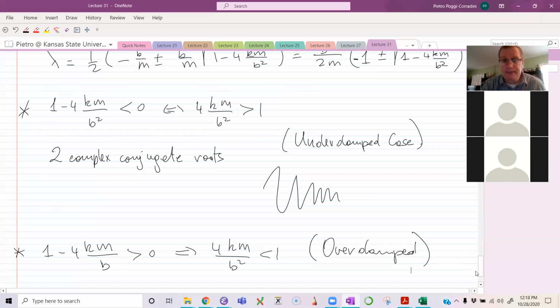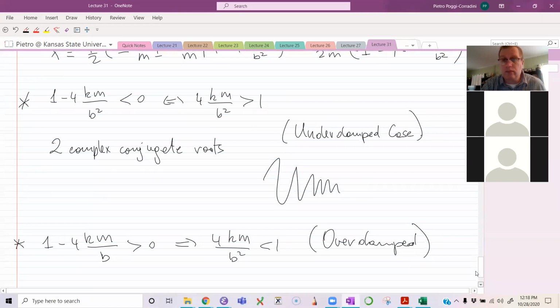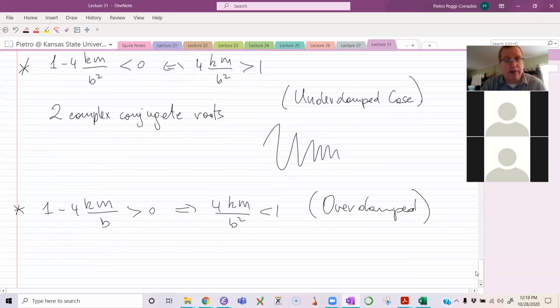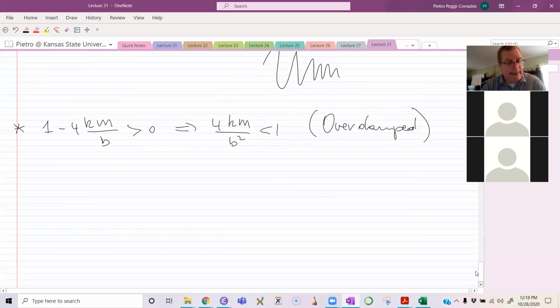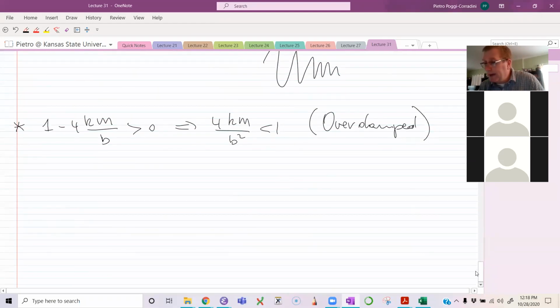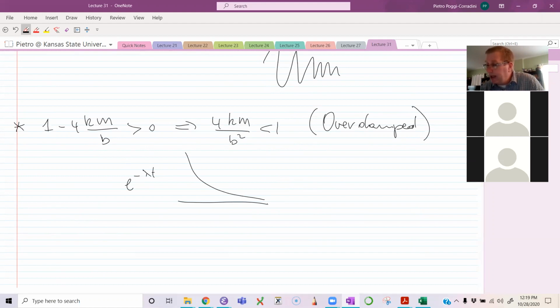And in that case, you have two real roots. So e to the minus lambda t will actually decay like that, in fact, because you get two negative roots.